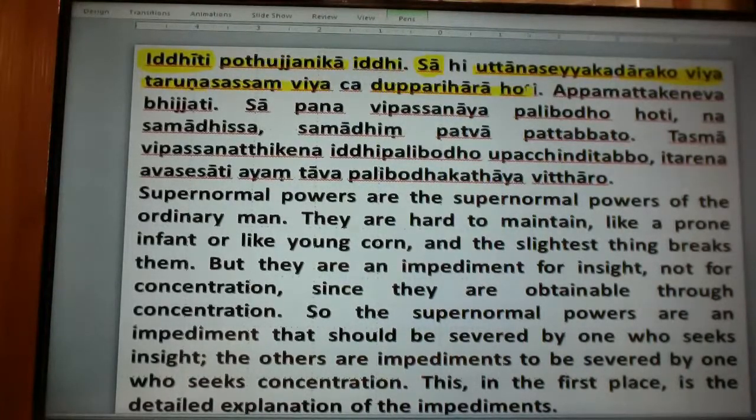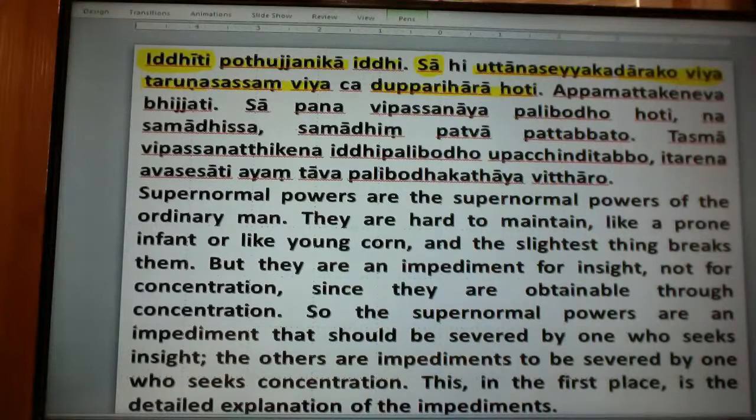Duparihara hoti. Du means difficult. Parihara means to carry out, to maintain. To maintain supernormal power is very difficult for an ordinary person, isn't it?